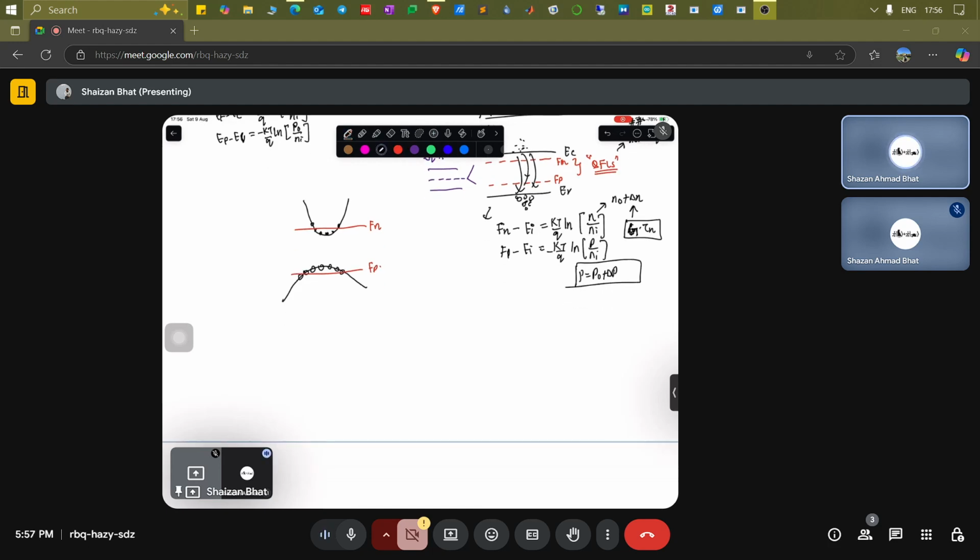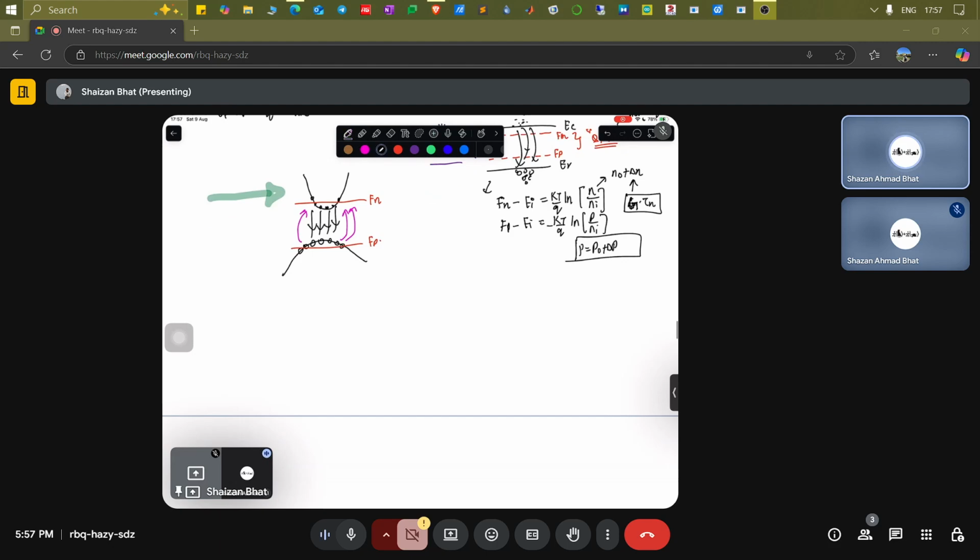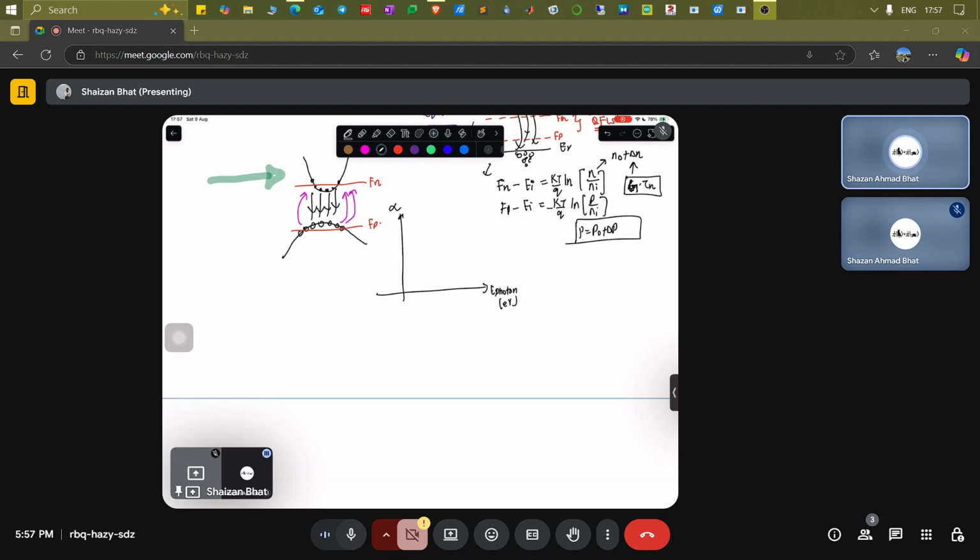Now, if you bring in some pump light, that is going to cause stimulated emission of these electrons. They are going to recombine, but obviously there will be certain excitations back to the band. So what is going to happen? The absorption spectra is going to look like this. This is the energy of the photon, say in eV. For the gain part, you know that the absorption is negative.